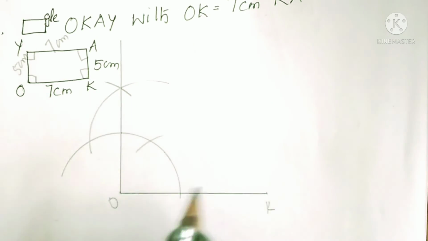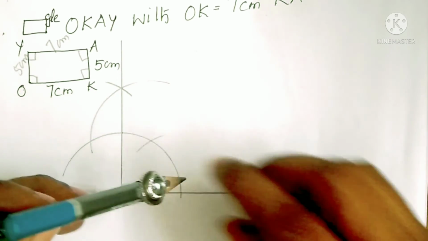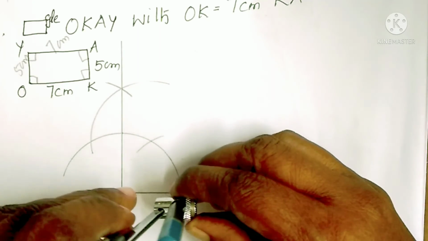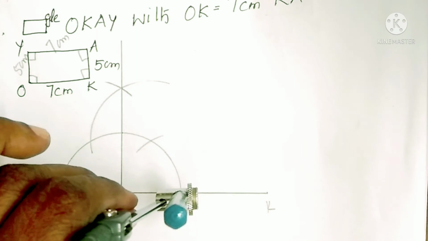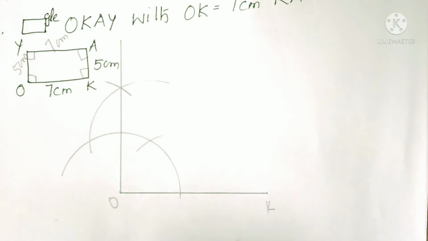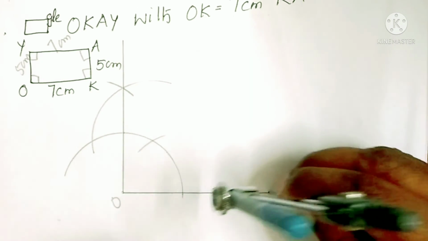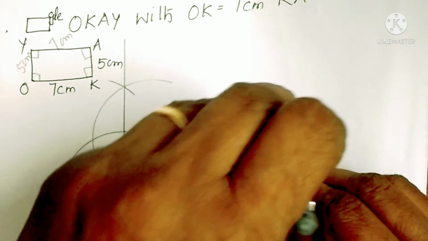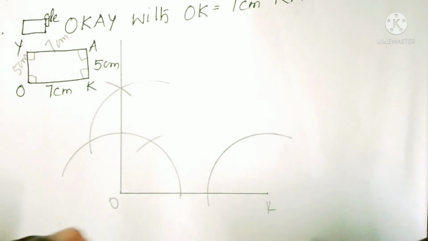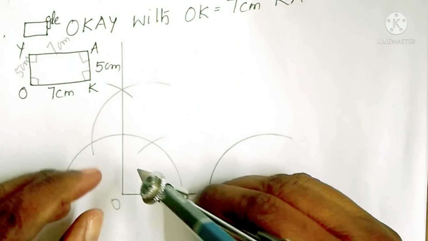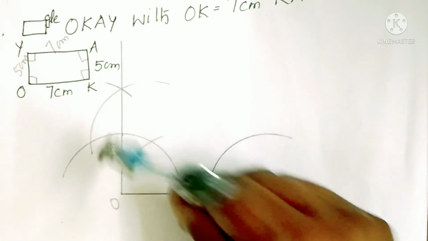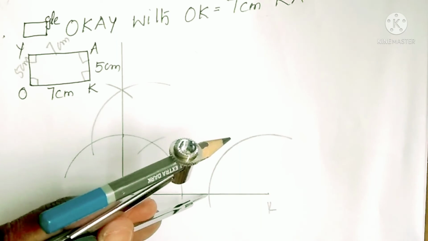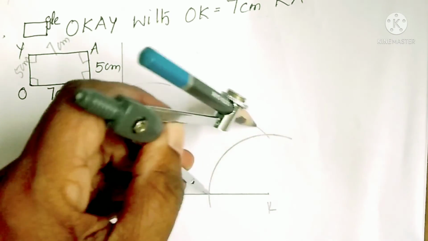What will you do first? First take this distance, okay, and then keep it on K and draw one arc, and then take the length of the arc which made 90 degree, and then from here take the same distance.